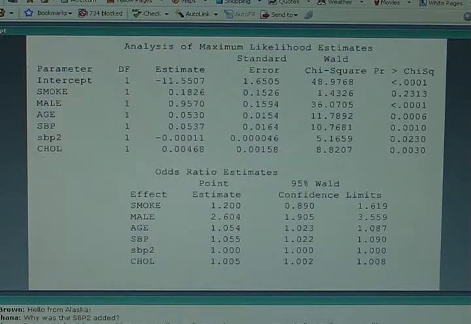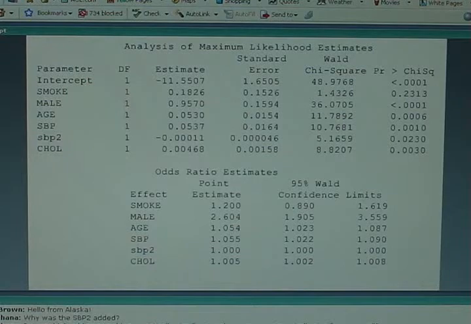Patrick asked, but wouldn't adding something statistically significant make the square statistically significant as well? Well, that's a little bit of a circular argument there, Patrick. I'm not sure what you're asking. If there really is a quadratic relationship, then this SBP2 term should have a small p-value.